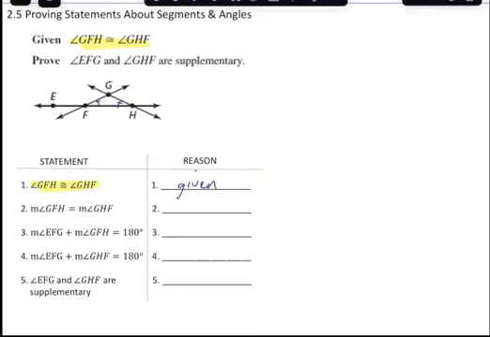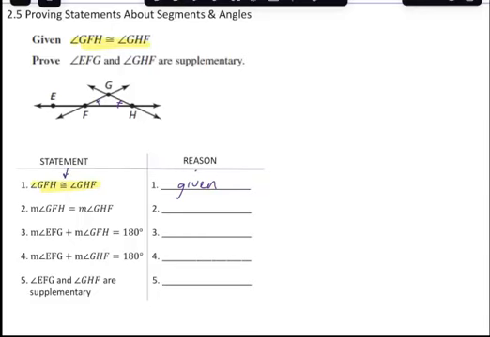All right. The next relationship here is that the measure of angle GFH is equal to the measure of angle GHF. What allows me to go from stating that the angles are congruent to their measures are the same? This is always going to be based on this symbol.